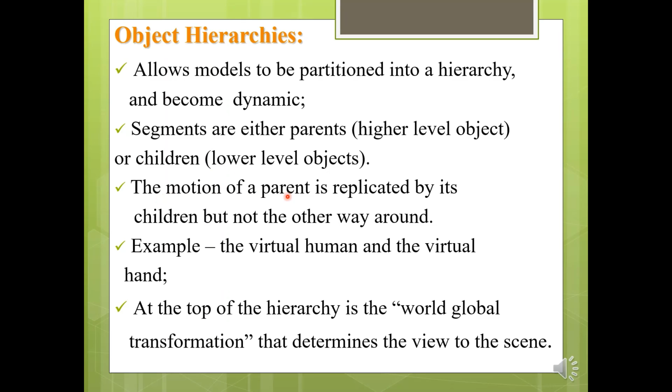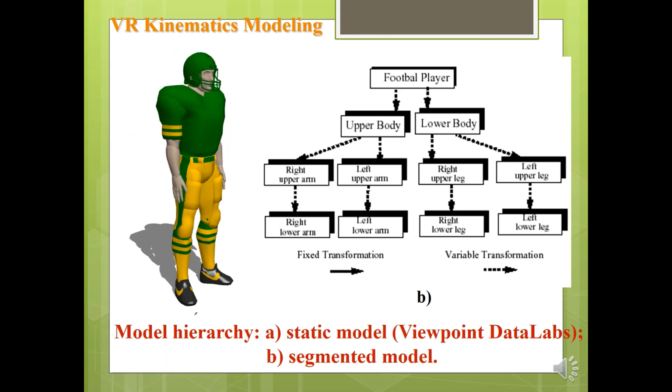The motion of a parent is replicated by its children, but not the other way around. Examples of object hierarchies are the virtual human and the virtual hands, where each has its own hierarchy. At the top of this hierarchy is the world global transformation that determines the view of the scene. So let's look into the next slide to find out these object hierarchy examples.